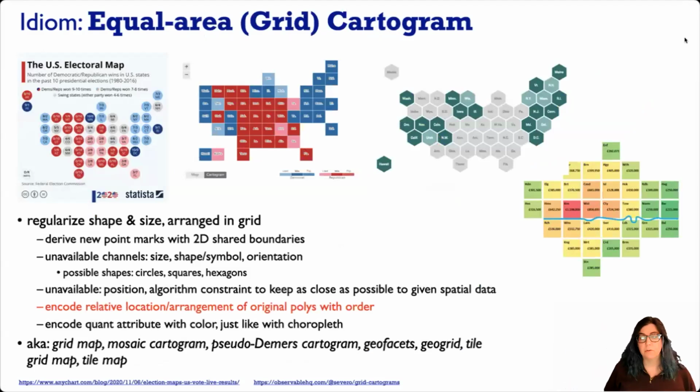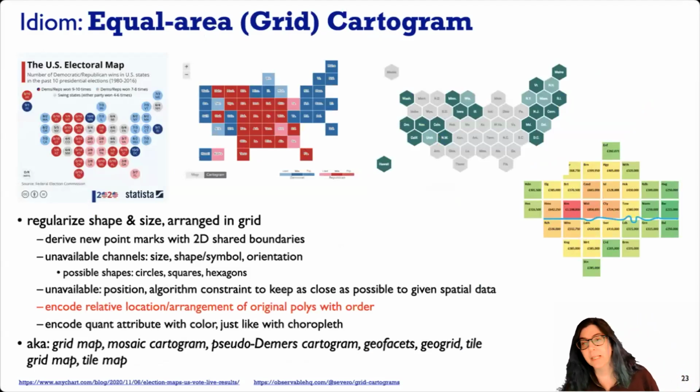There's other things we could do as well. We could regularize not only the shape, but also the size. And so grid cartograms or equal area cartograms are this approach where you say, okay, again, we're going to derive a new poly. It's going to have 2D shared boundaries, but I'm going to fix the shape and I'm going to fix the size.